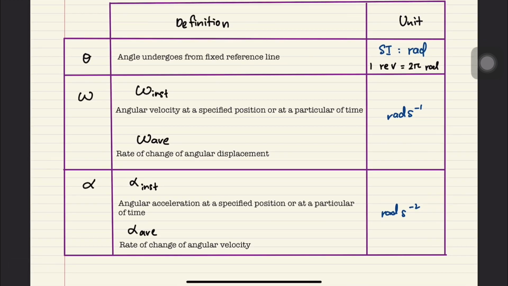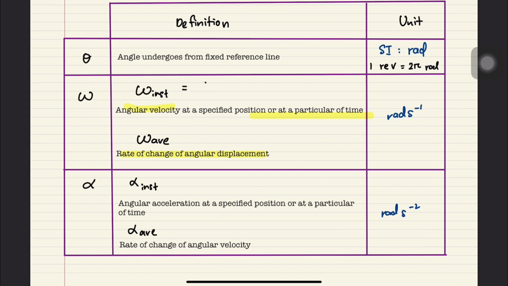And then we have omega, instantaneous omega and average omega. Omega stands for angular velocity. Instantaneous means angular velocity at a specific position or at a particular time. We only have that one particular value. And then omega average is basically the rate of change of angular displacement. In terms of formula, there's a slight difference.